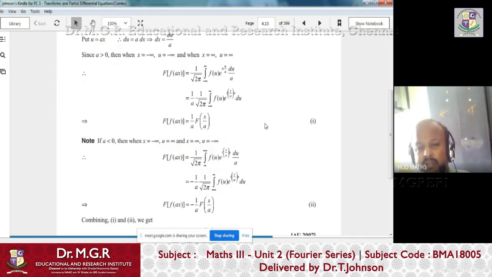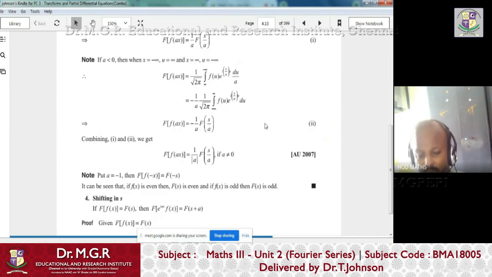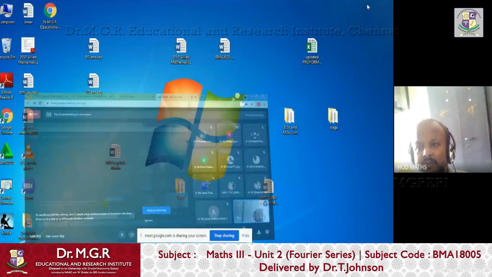So in that case, what can we do? Very simple. If you want to change the order of the limits, you only have to interchange the limits.